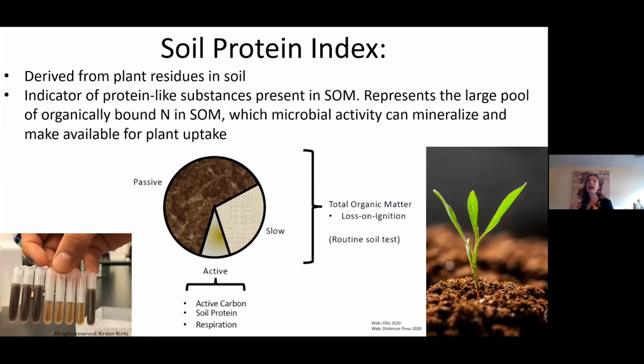And the way that I like to think about or simply explain what soil protein is, really, it's that bioavailable nitrogen within your soil organic matter. And this is part of that active part of your organic matter. You can see here on this chart an idea of what portion of that is active, which includes the respiration and the active carbon, which we'll talk about more later today.